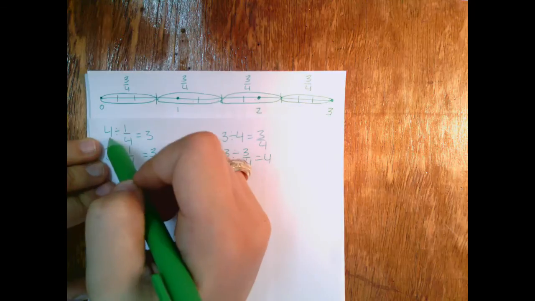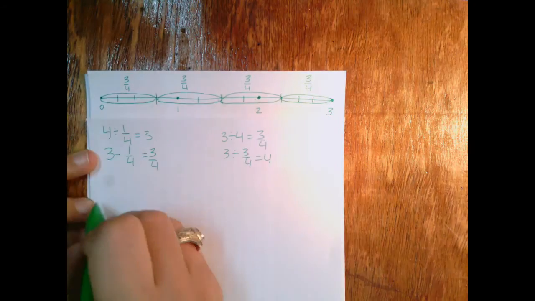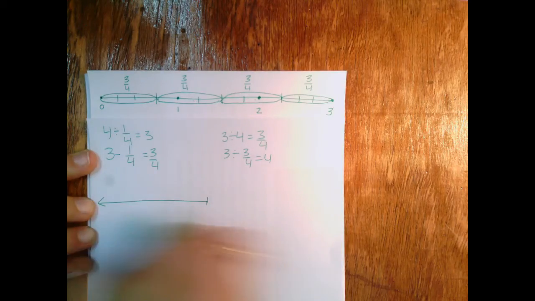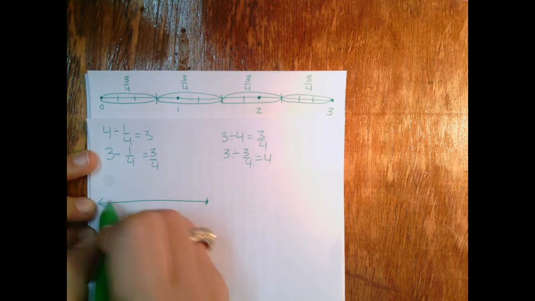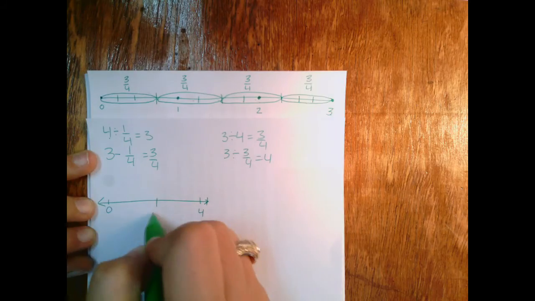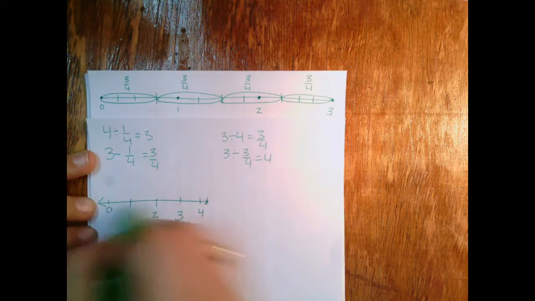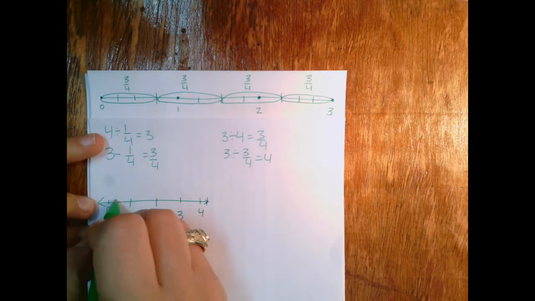So when I have this one, 4 divided by 1/4 equals 3, that would be something more like this, that I would have from 0 to 4, like this, and I would actually need to then divide each piece into fourths, and each piece would be like that.